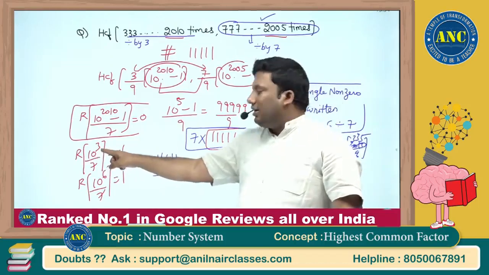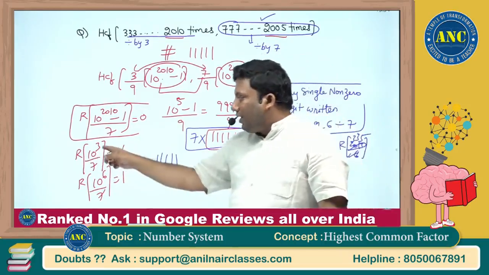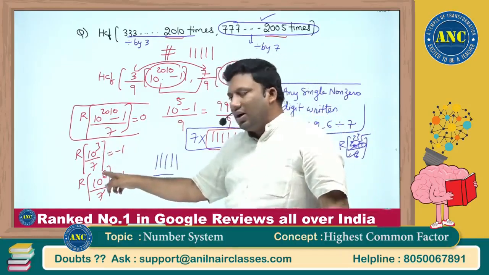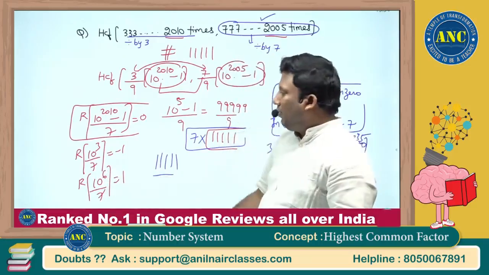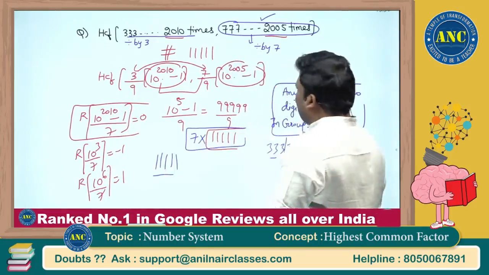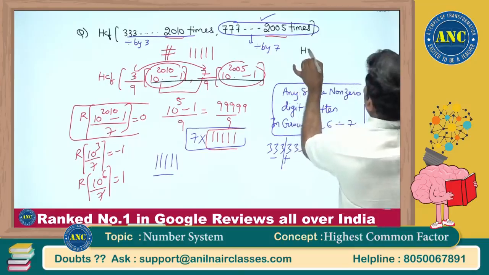Why? Because 10 cube divided by 7, 7 ones are 7, remainder 3. 3 cube is 27, minus 1. 10 cube by 7 is minus 1. 10 power 6 by 7 will be 1. 1 minus 1 is 0. That means when you are taking the HCF of the numerator, what you are doing?